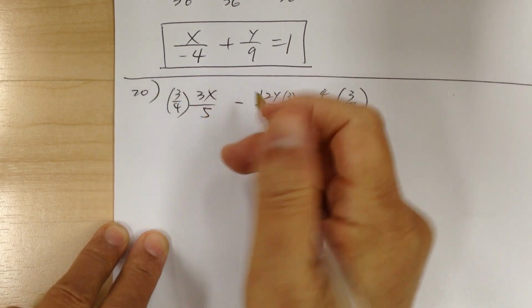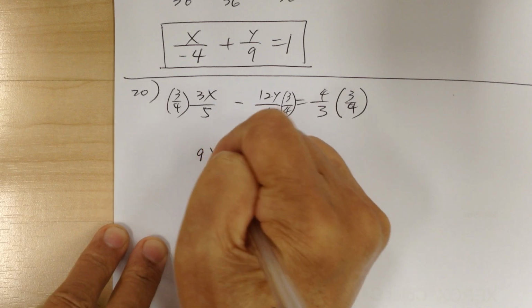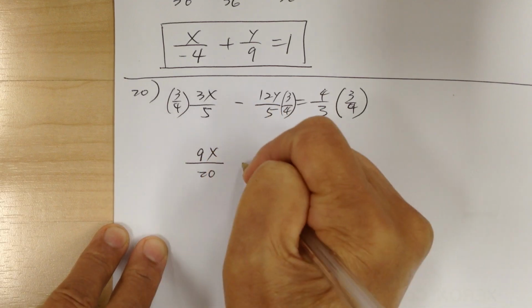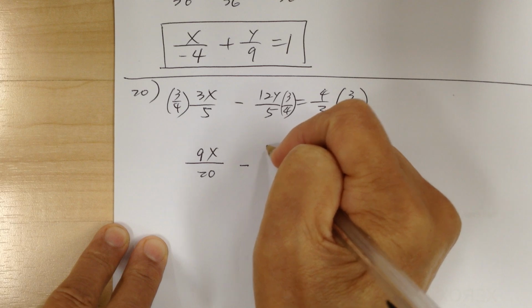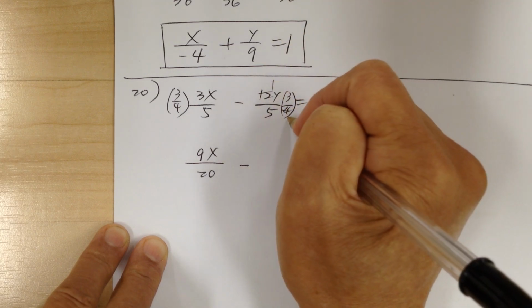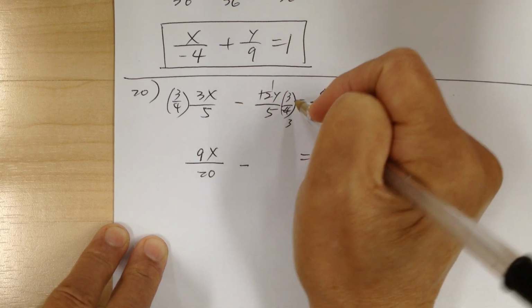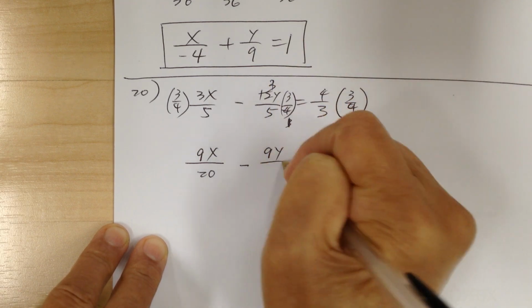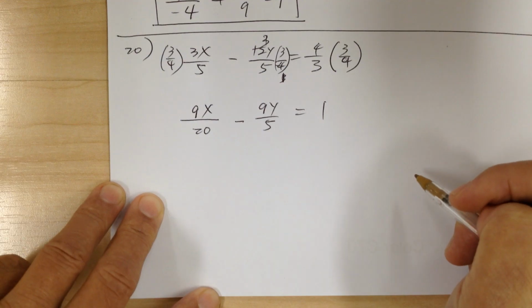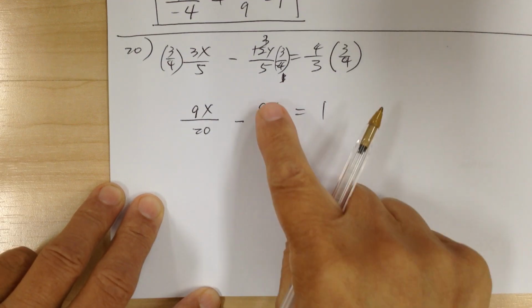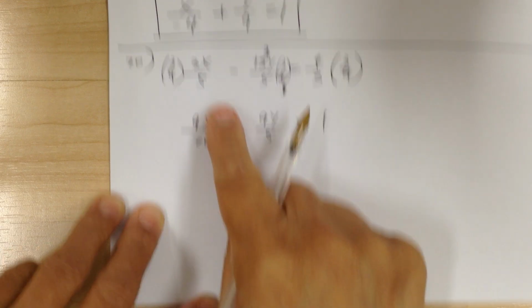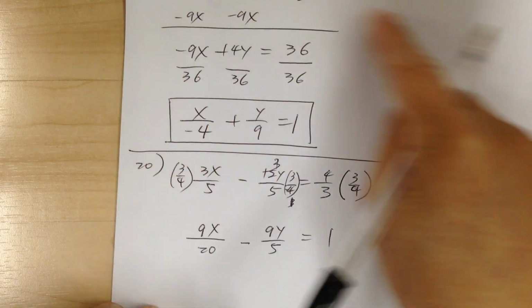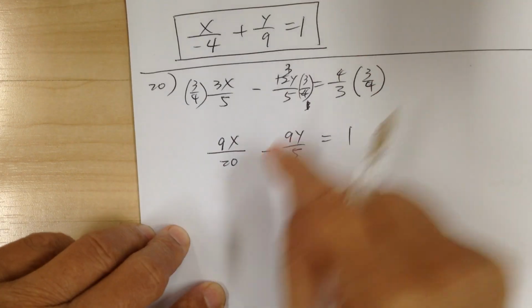Now over here, you're going to end up with 9x over 20. And this one, you know what, this can cancel, 1 and 3, so you're going to get 9y over 5. Then the next thing you do is get rid of this. Normally when you multiply, you can go horizontally or vertically.